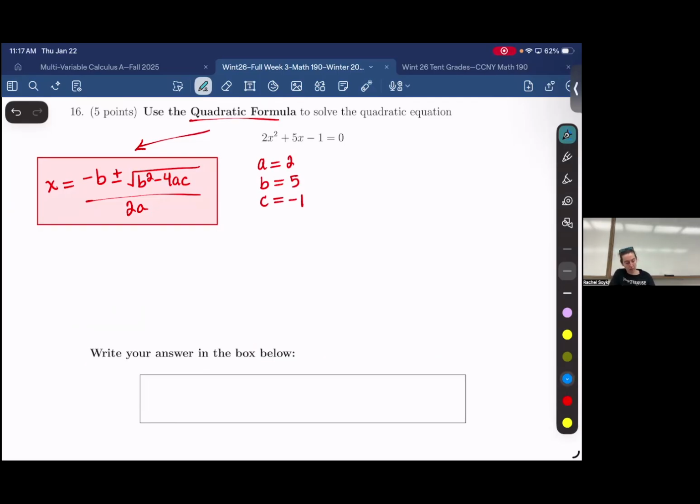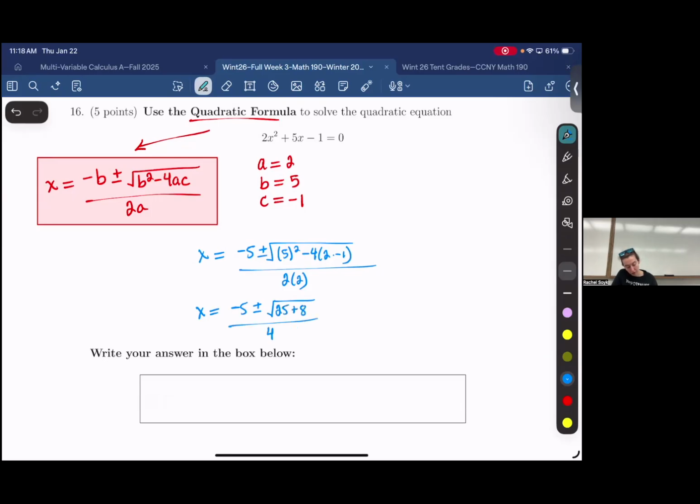And we can substitute it in. So our x is equal to negative 5 plus or minus square root 5 squared minus 4 times 2 times negative 1 all over 2 times 2. 5 squared is 25. Negative 4 times 2 is negative 8 times negative 1 is positive 8. So 25 plus 8 all over 4.